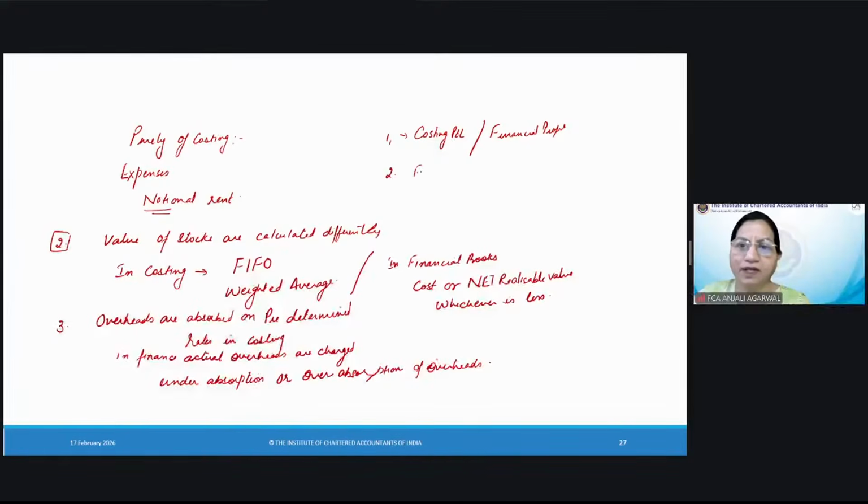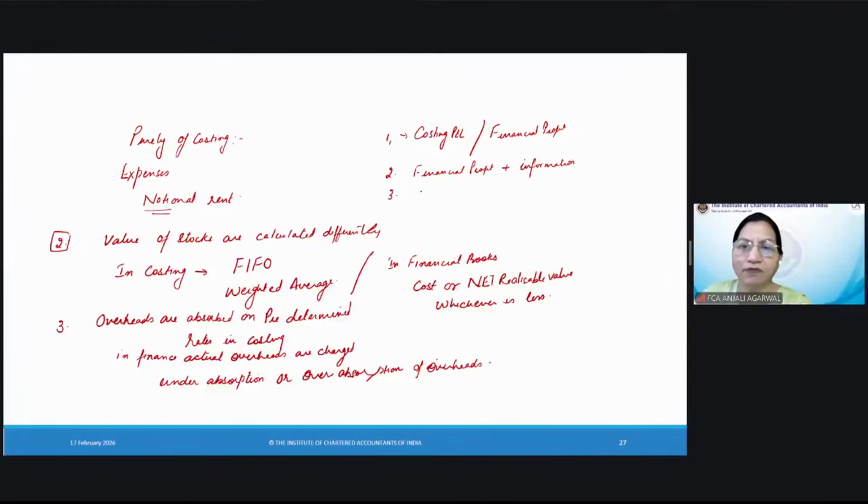Second is maybe financial figures are given plus information is given. And first you have to find out the costing profits and then you have to reconcile. In this, if you have wrongly calculated the costing profits, you will not be able to find out that you have made some mistake.